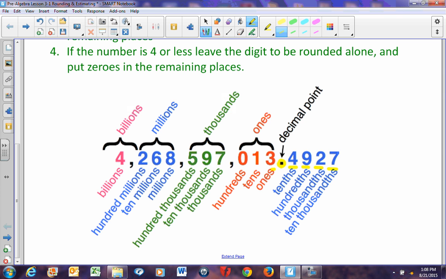To the left, you have ones, tens, hundreds, thousands, ten thousands, hundred thousands, millions, ten millions, hundred millions, billions, ten billions, hundred billions, and then trillions, et cetera. You can continue going out in either direction. As long as you can count your place values, you'll be pretty set.